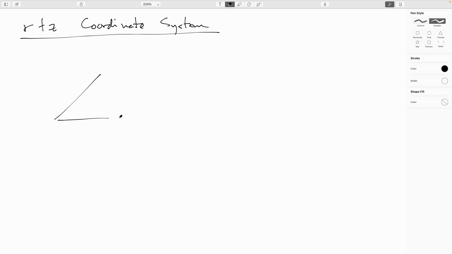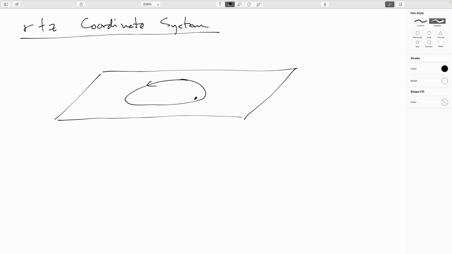So let's say you've got something going around in a circle in a plane here. Now the idea here is that at any given point we can go ahead and erect a coordinate system. The r-axis will be pointed in towards the center of the circle.